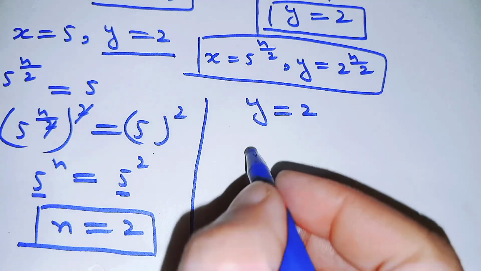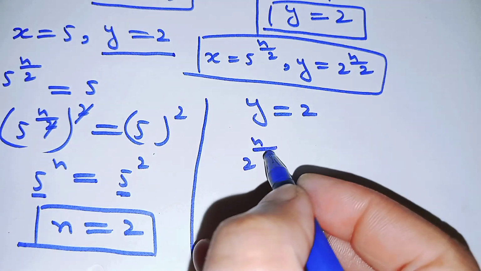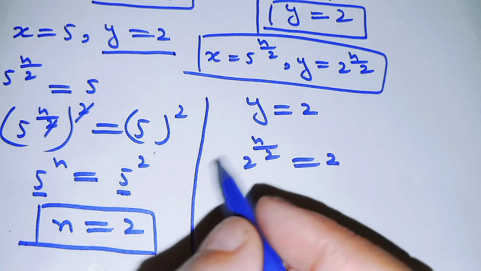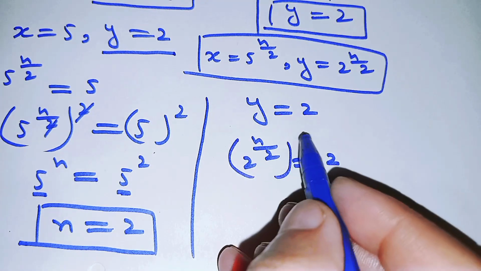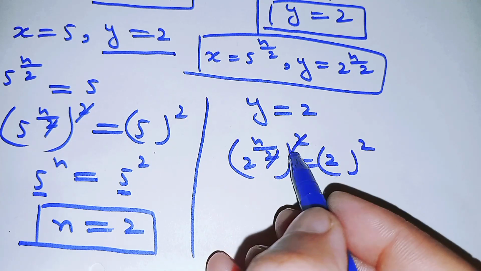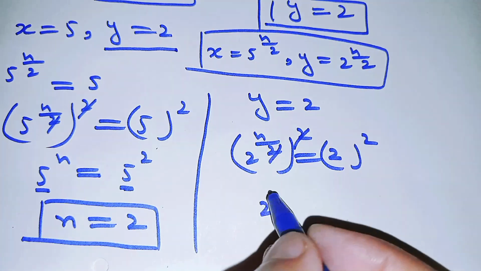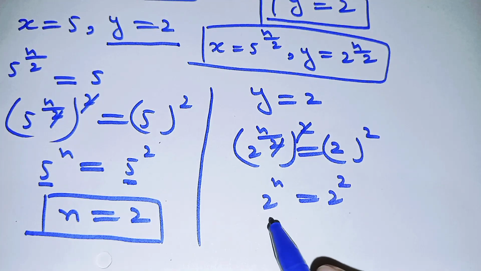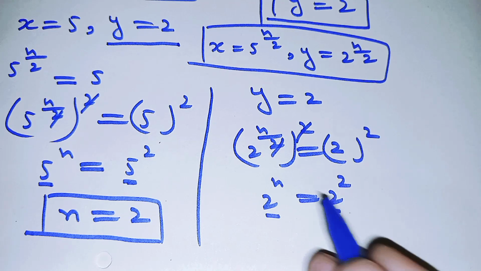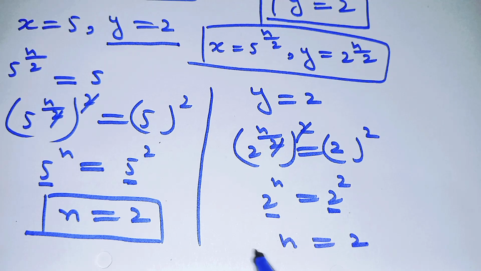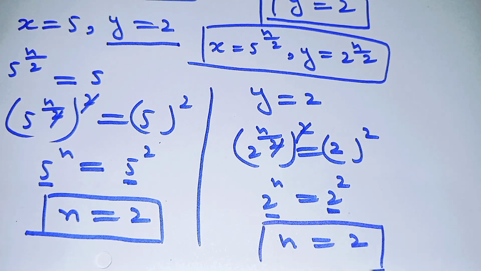Put them together: 2 to the power of n over 2 is equal to 2. Same as before, we raise both sides to the power of 2, and the 2 cancels out with the 2, and the remaining is 2 to the power of n, which is equal to 2 squared. The bases are the same, so we use the exponents, and n is equal to 2. Here it is, the value of n.